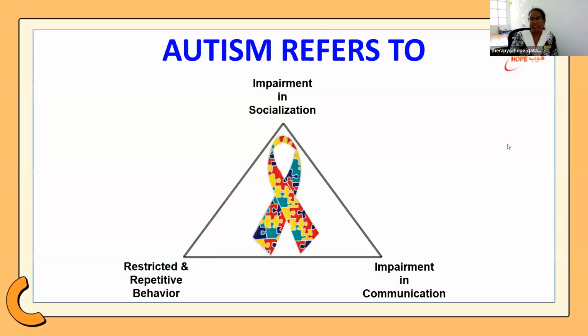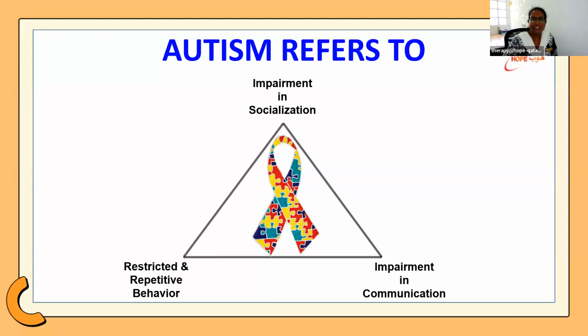What are the areas that are affected? The major areas affected are impairment in socialization, restricted and repetitive behavior, and impairment in communication. These are the three main areas where there is a delay in children with autism.